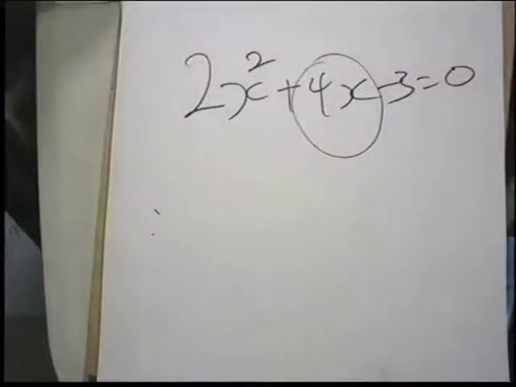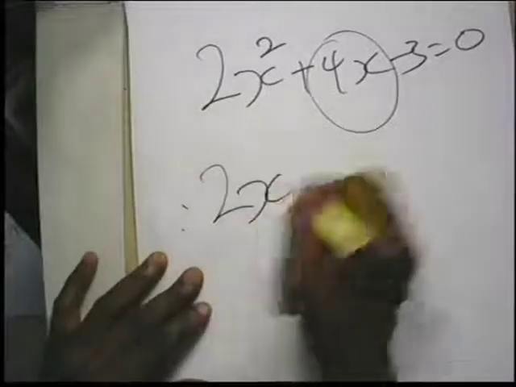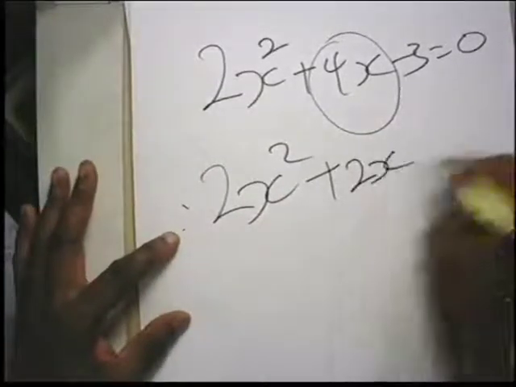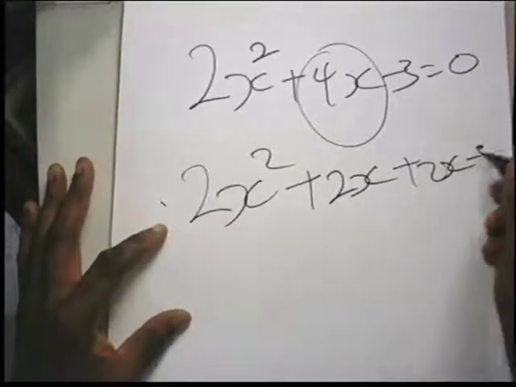Those are the first method I want to teach you. So you can easily say 2s squared plus 2s plus 2s minus 3.